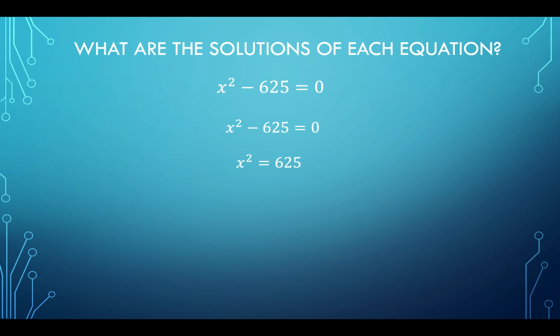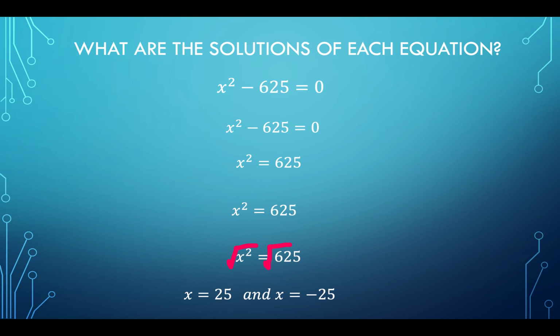Now what can we do? Now we can take the square root because x squared is all by itself. So when we do that, take the square root of x squared and the square root of 625, we get x is equal to 25 and x is equal to negative 25. When you take the square root of any number, your possible solutions are the positive number and the negative number.